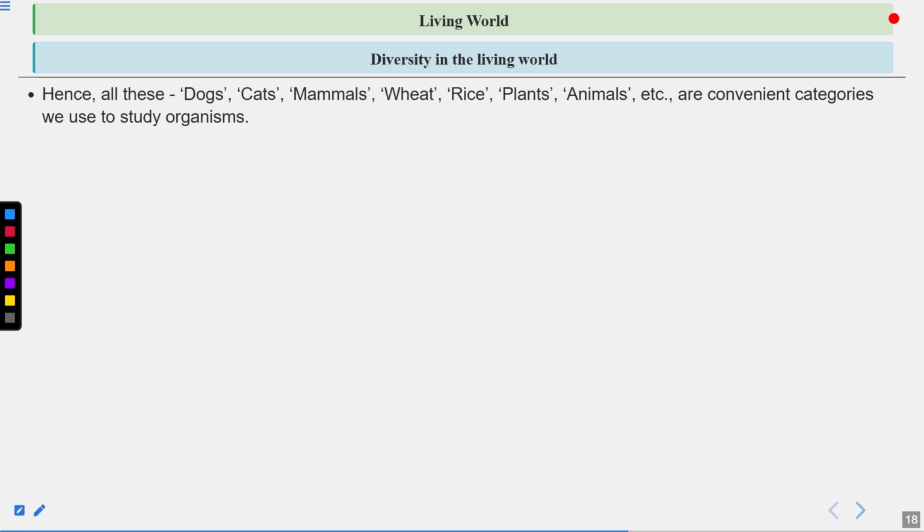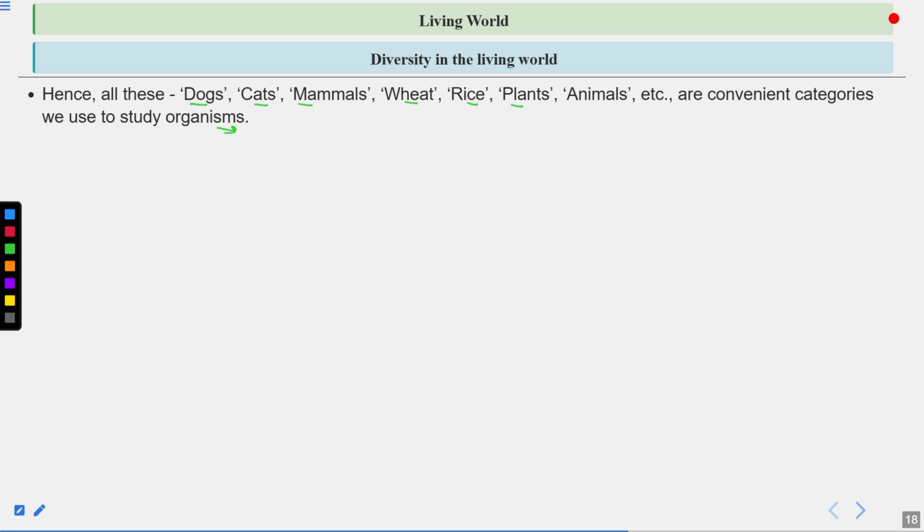Hence, all these dogs, cats, mammals, wheat, rice, plants, animals, etc. are convenient categories we use to study the organisms. So, when we were studying classification, what was classification?